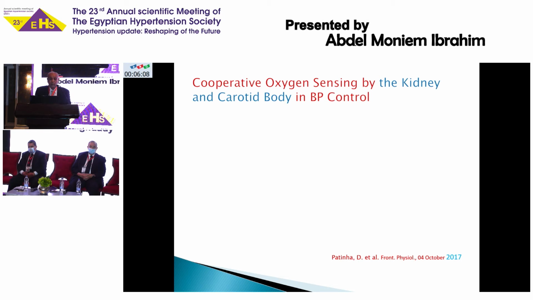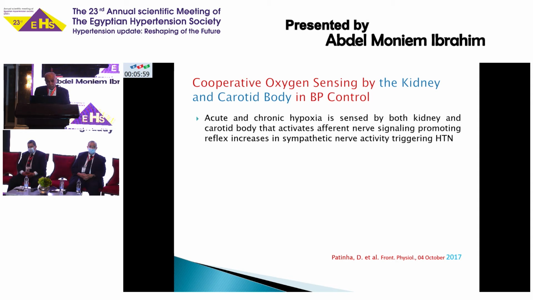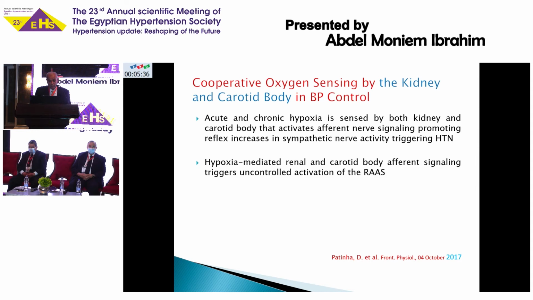There is a crosstalk and cooperative oxygen sensing by the kidney and carotid body in blood pressure control. Acute and chronic hypoxia is sensed by both kidney and carotid body, which activates afferent nerve signaling, promoting a reflex increase in sympathetic nerve activity, triggering hypertension.